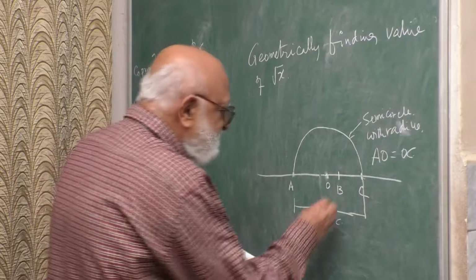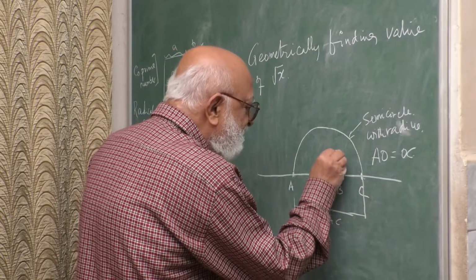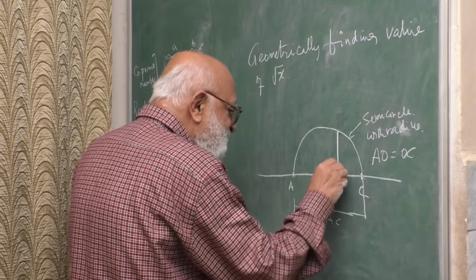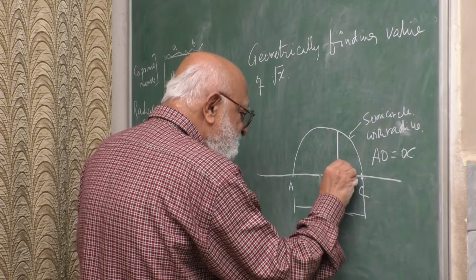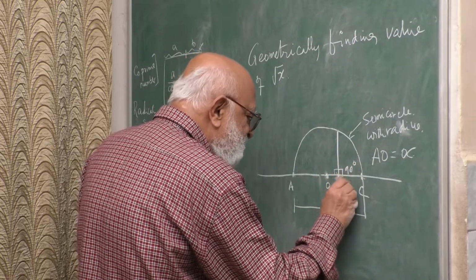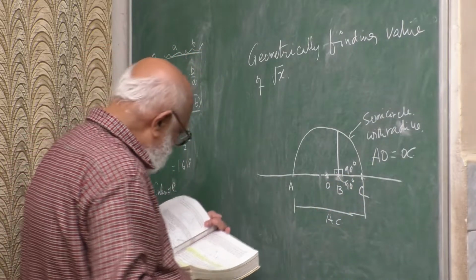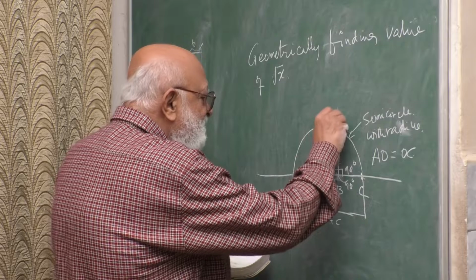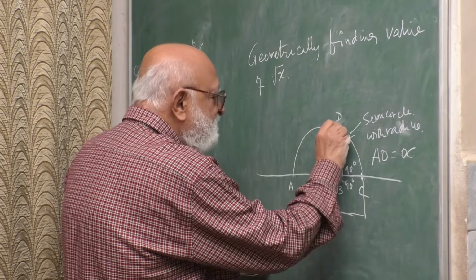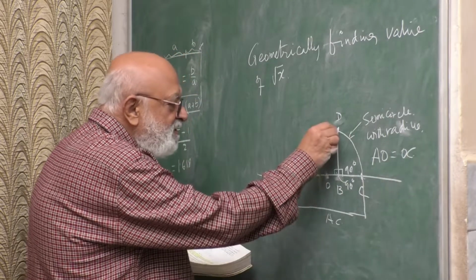From here, now draw a perpendicular all the way until it touches this semicircle. Okay, so this is 90 degrees. If this is 90 degrees, definitely this is also 90 degrees. It touches, and let us call that point D. This point is D. And then let us join OD.